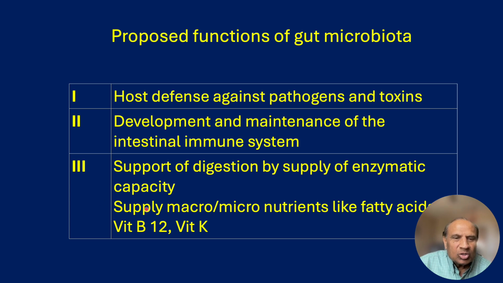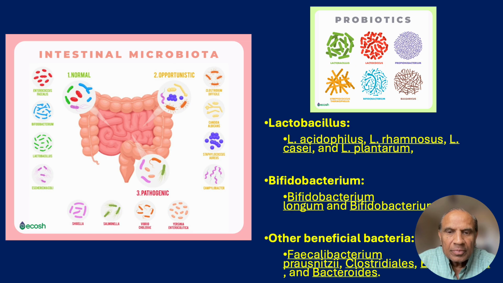These bacteria also supply micronutrients like vitamin B12 and vitamin K. So these are the ways the gut microbiota may help the host. Any disruption in this microbiota will cause intestinal disease or other disease in the host.